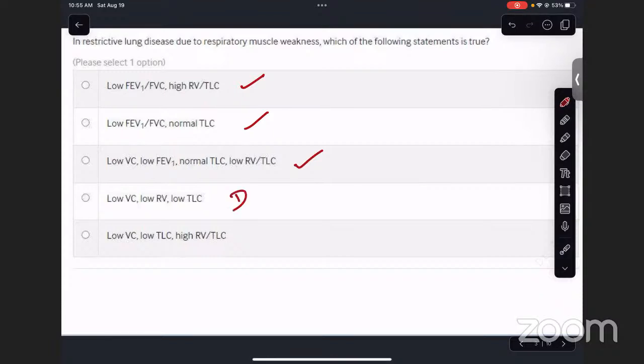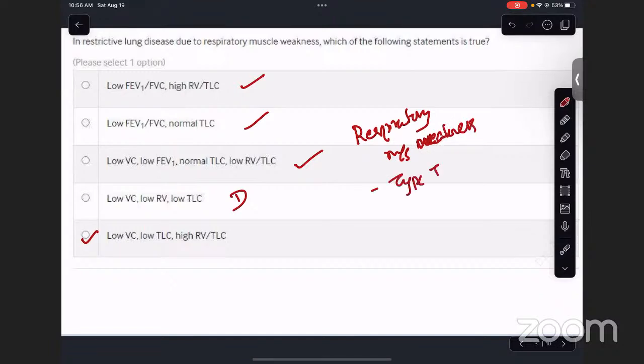Here, D is low vital capacity, low residual volume, and low total lung capacity. Okay, and then number E is low vital capacity, low total lung capacity, high residual volume divided by the total lung capacity. Okay. In respiratory muscle weakness, like myasthenia gravis, there will be type 2 respiratory failure, right?